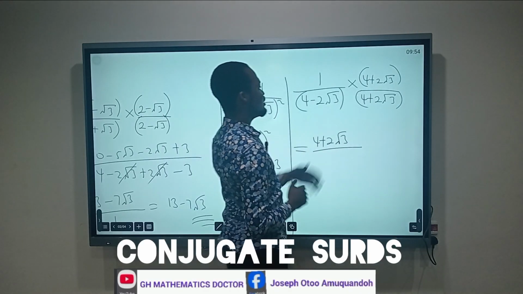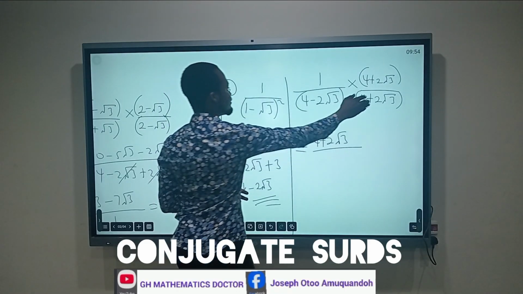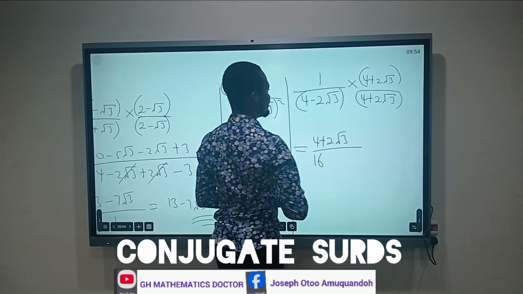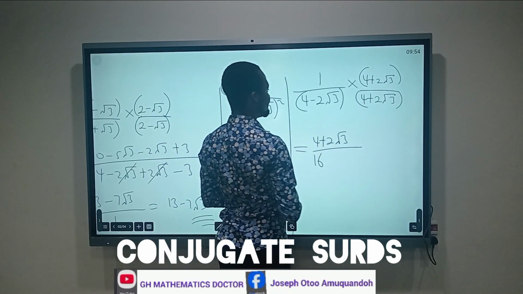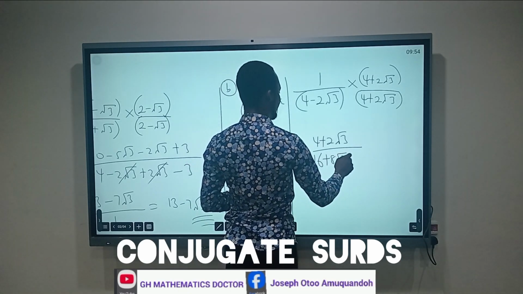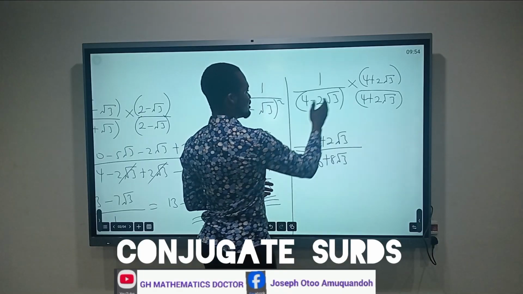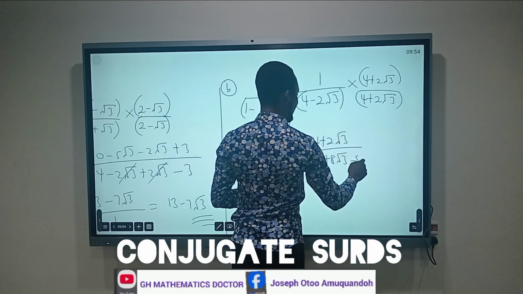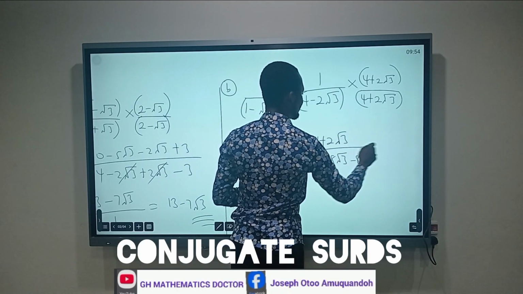Then we simplify the denominator here. 4 times 4 is 16. Then 4 times this will give you positive 8 root 3. Then this will also give you negative 8 root 3.